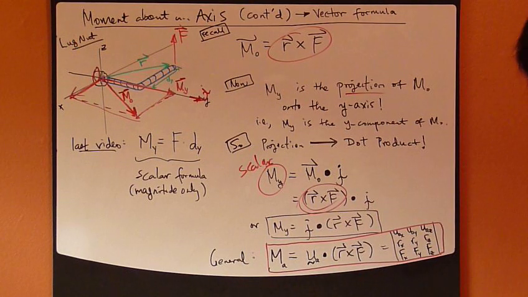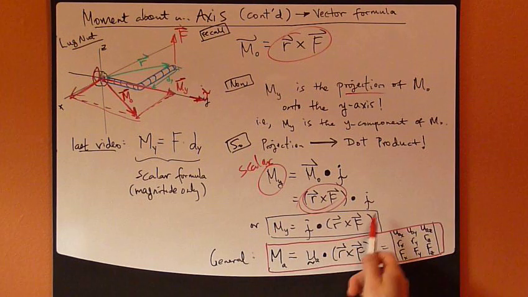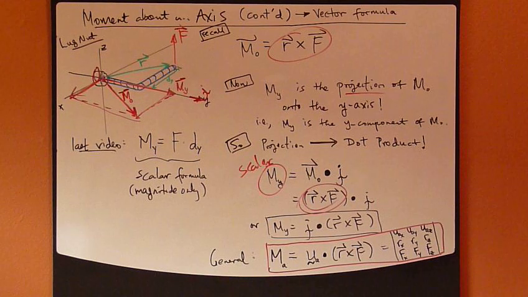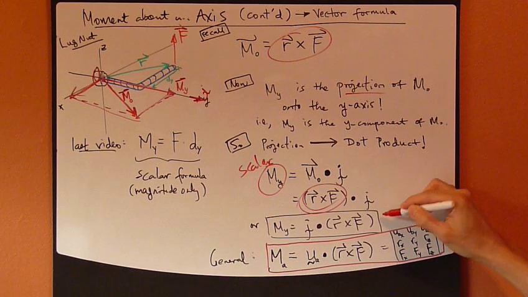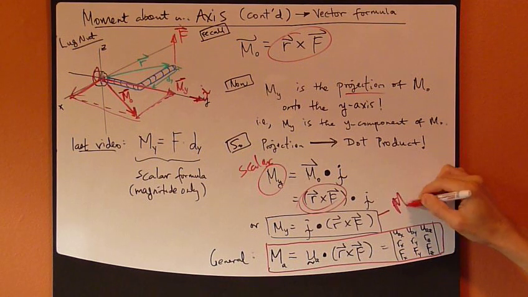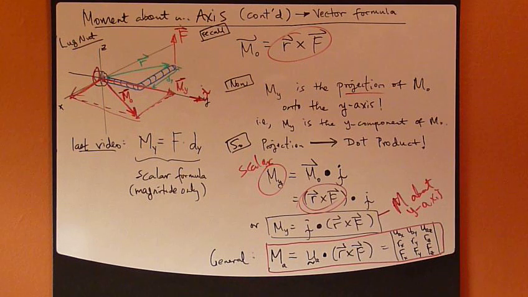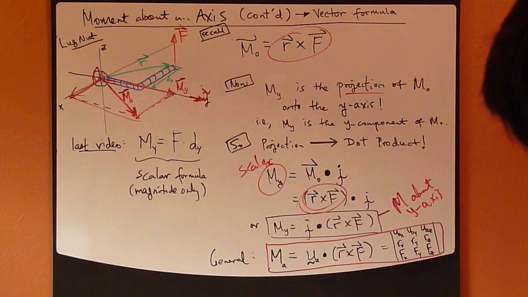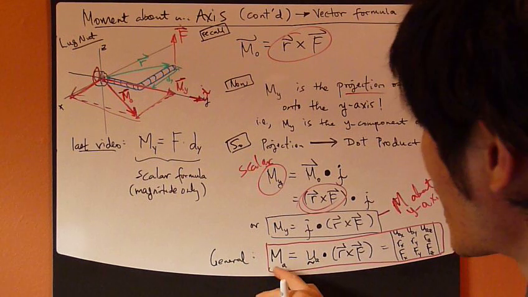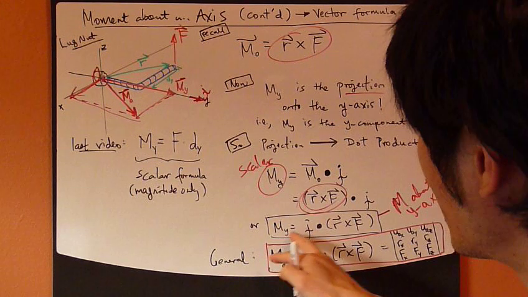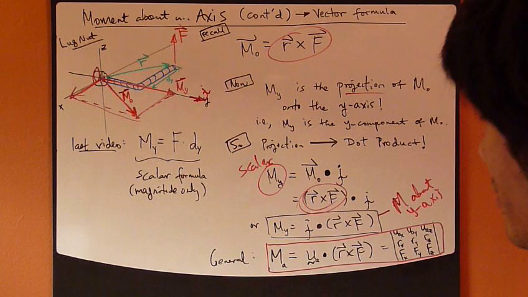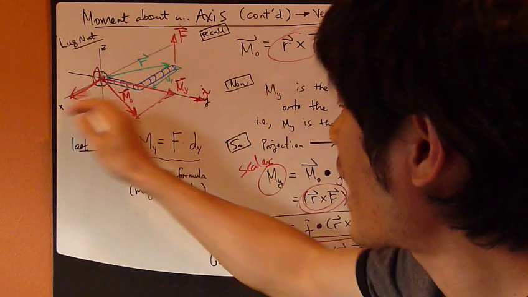We can extend this to any general axis. This was the moment about the y axis in particular, but in general we can extend this not just to the y axis, but to any axis at all. It doesn't have to be x, y, or z.